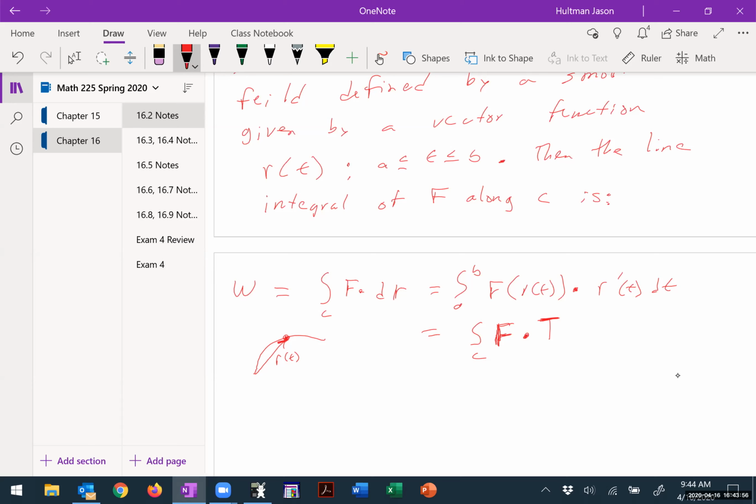Then R prime of t is that derivative, our tangential vector, over this curve integral, or line integral, and that's ds.